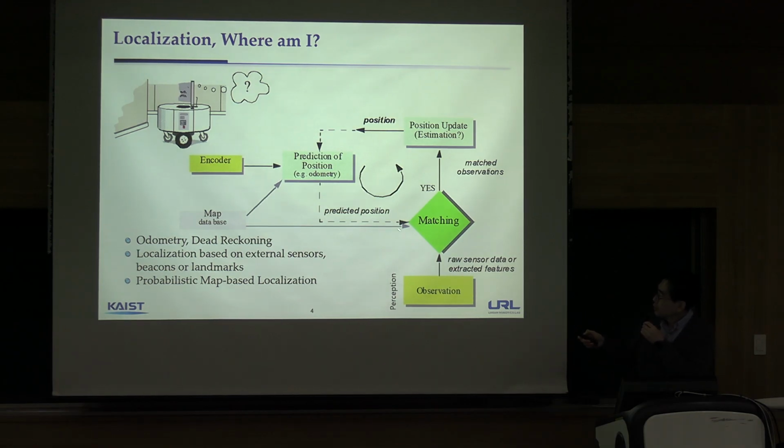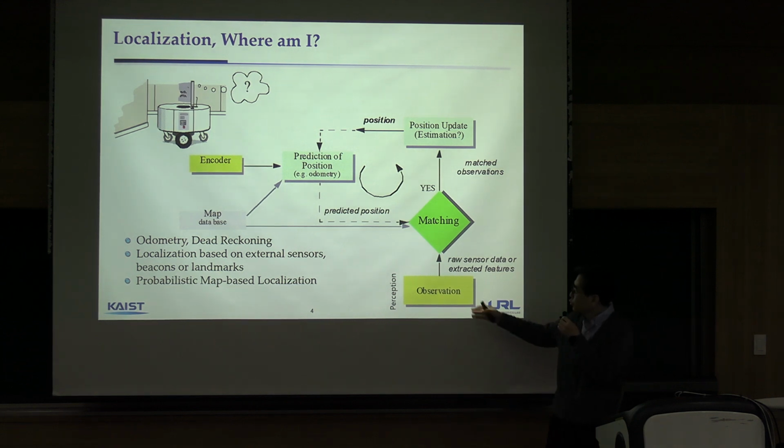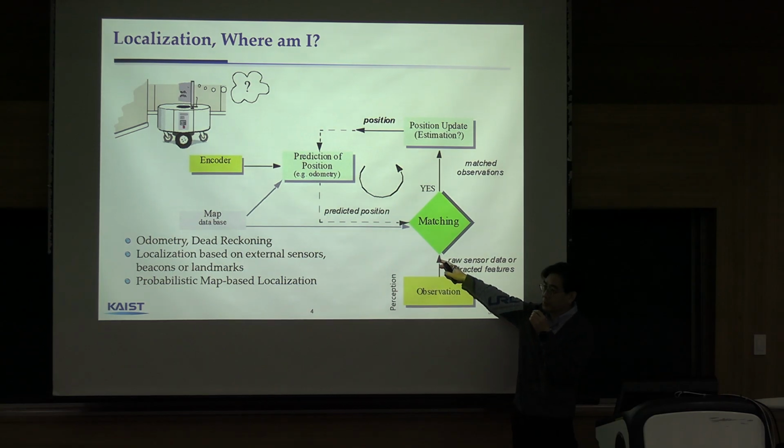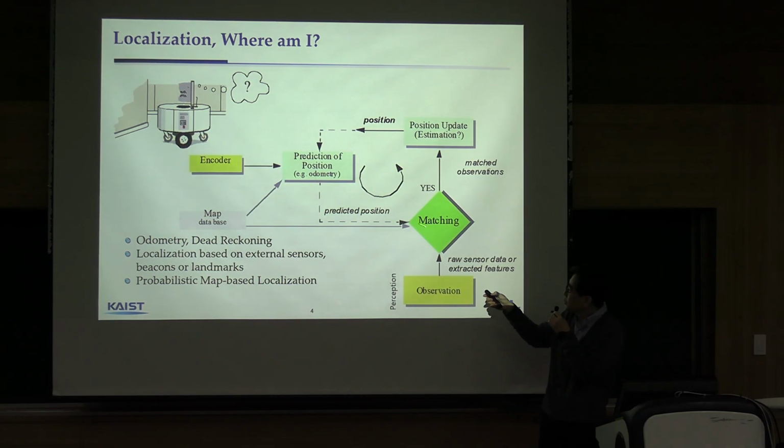At the predicted position, there should be something like this, but in the actual map, you can have some prediction, but actually we can observe something different. So there can be some discrepancies, but we can somehow match them together. So if they match together, then we can update the position of the robot.